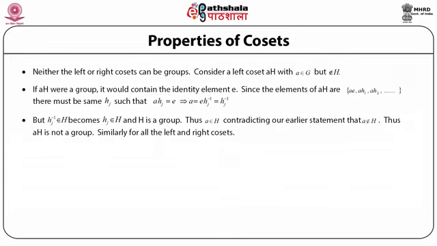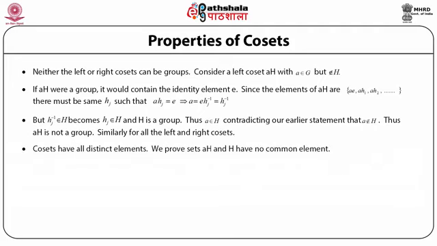But Hj inverse belongs to H because Hj belongs to H and H is a group. Thus A belongs to H, contradicting our earlier statement that A doesn't belong to H. Thus AH is not a group. Similarly for all the left and right cosets.